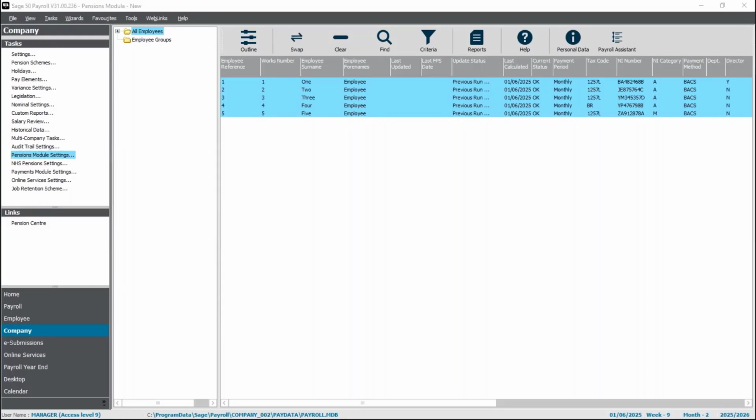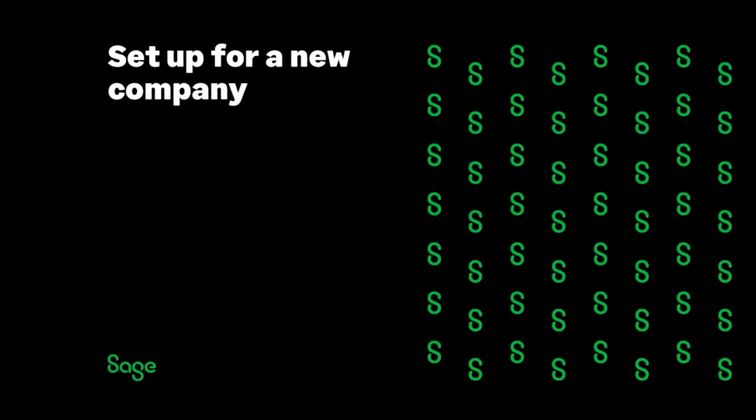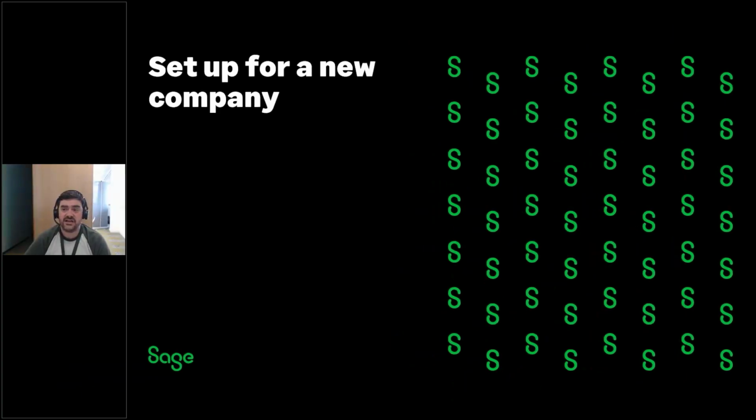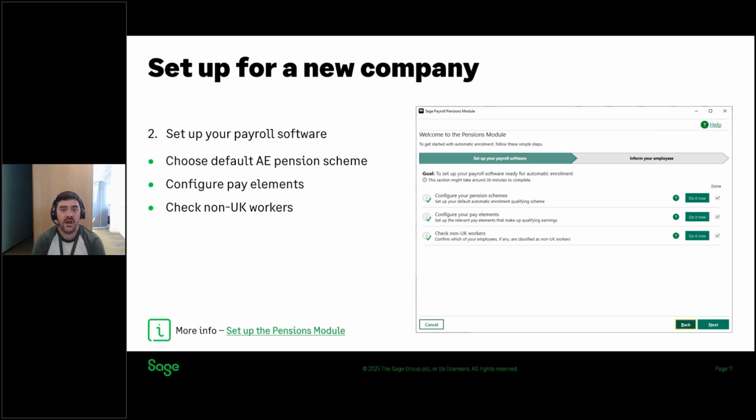So that was setting up for a new company. I'm just going to quickly recap those steps, and we've got this obviously in the handout as well. So from the pensions module settings, the first thing we did was confirm our duty start date, which was the date we took on our first employee, if it's a new company. We then went through the steps to set up your payroll software.